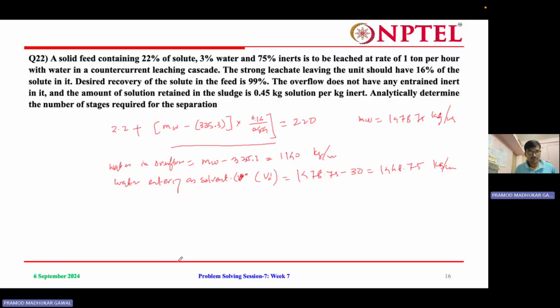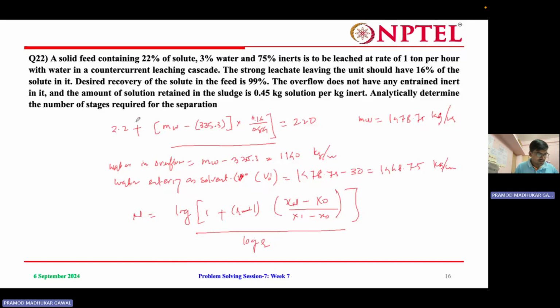Now to calculate the number of stages, the formula is n equal to log of [(1 plus r minus 1) into (xn minus x naught) divided by (x1 minus x0)], divided by log r, right?